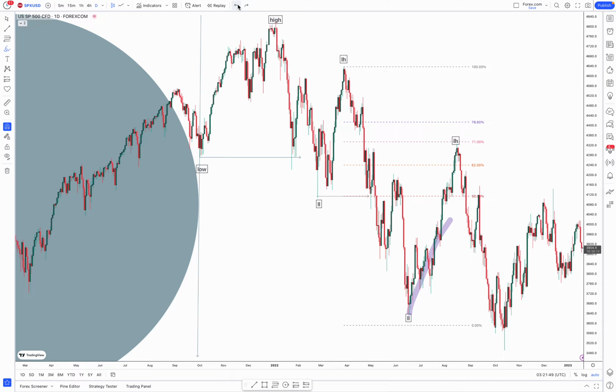Cool. So we have the lower high, the lower low, and now the lower low. Another new lower low has been created.